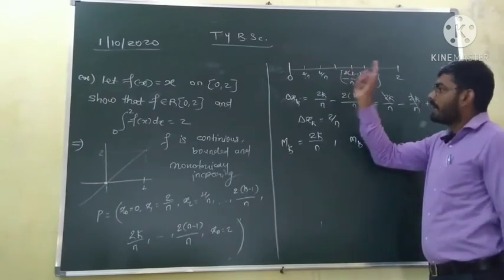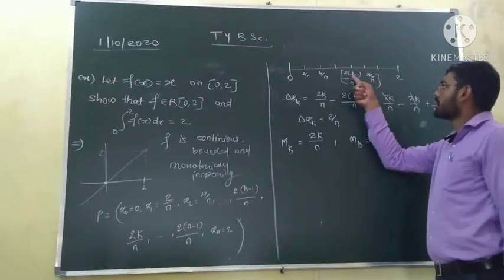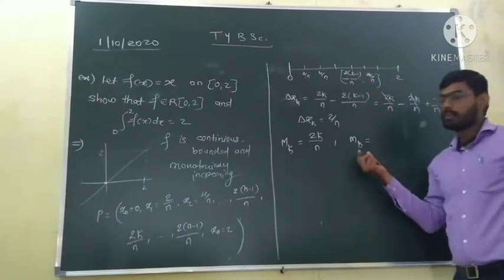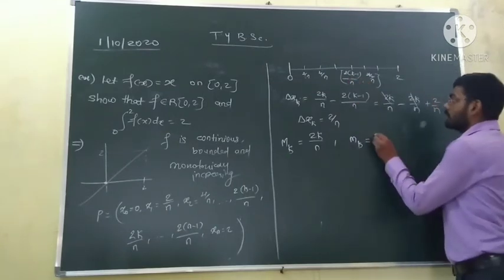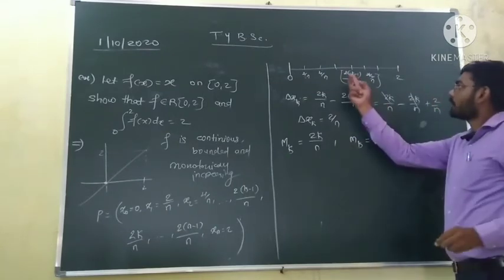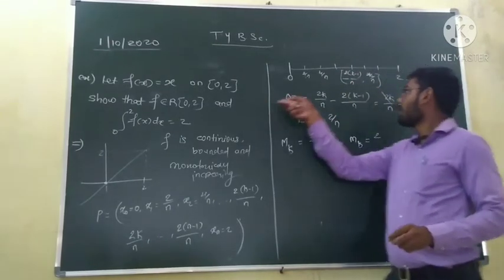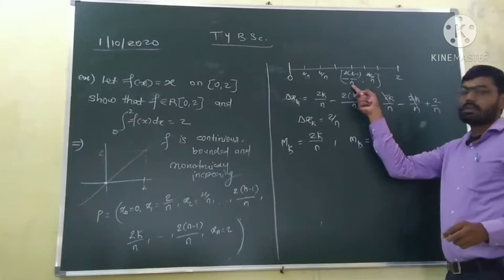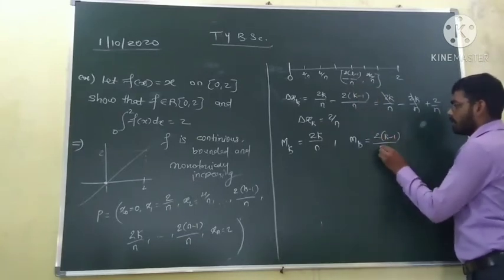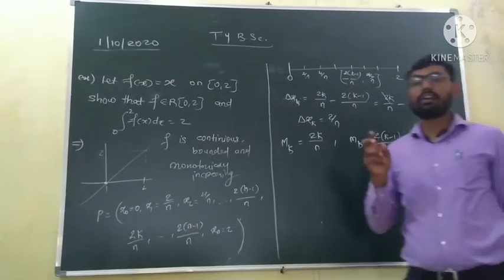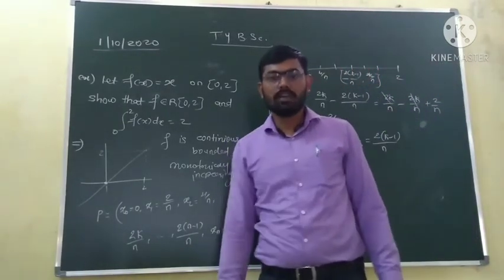So f of 2(k minus 1) upon n is equal to 2(k minus 1) upon n. So m_k is equal to f of 2(k minus 1) upon n, which is 2(k minus 1) upon n. So we have calculated the maximum and minimum values of the function in the kth subinterval.